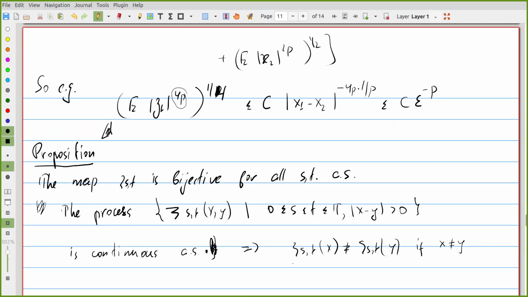And this is well defined, this means that it can never be infinite. That effectively is the whole proof.